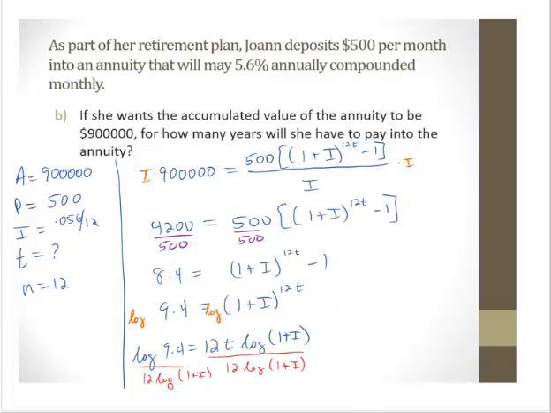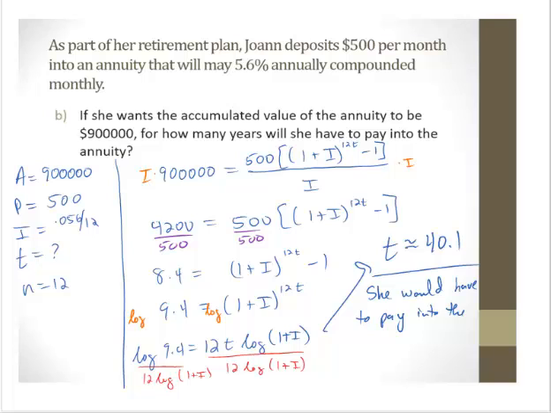So t is approximately 40.1. So she would have to pay into the annuity for 40 years.